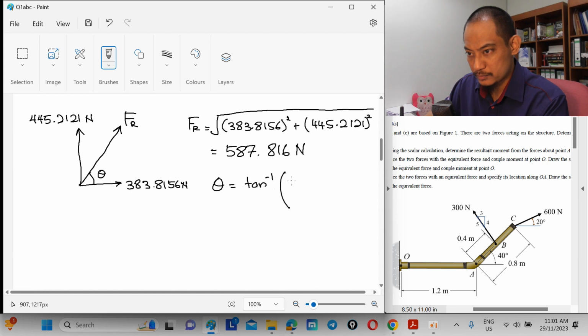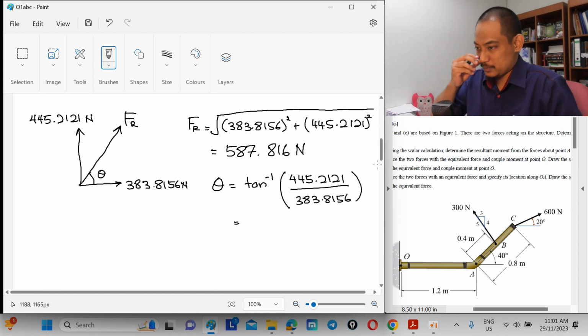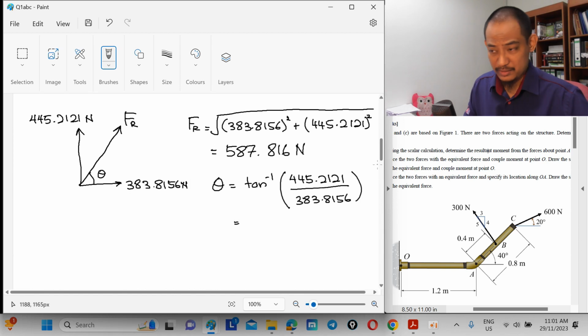Okay, so 445.2121, 383.8156. I'm not sure how many of you, because saying about 2121, right? But of course this joke is in Malay.